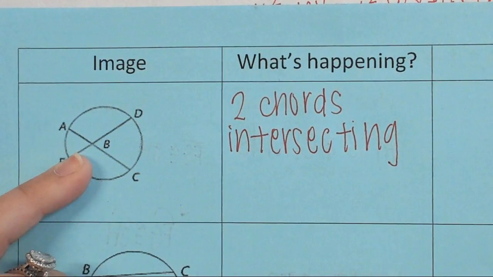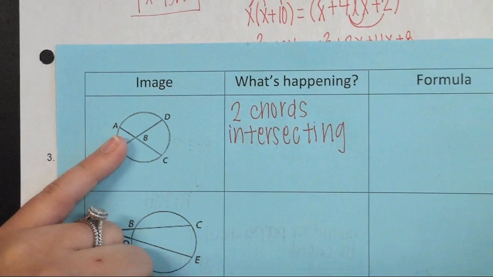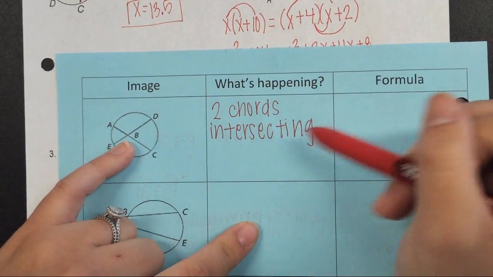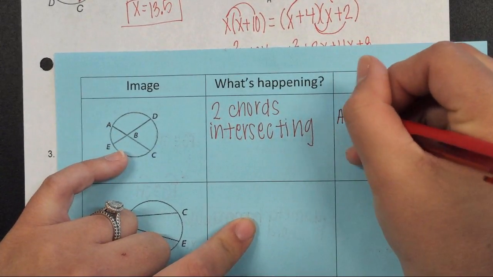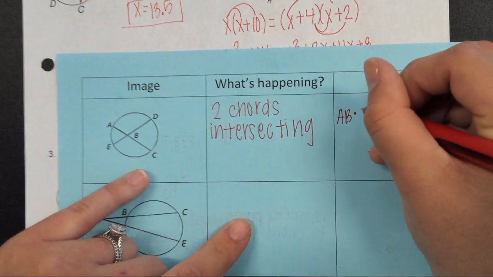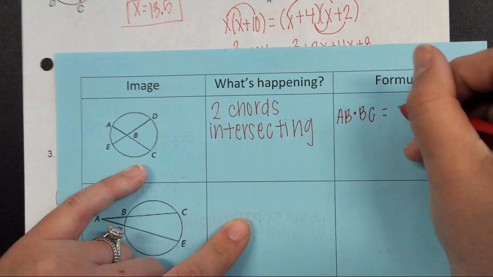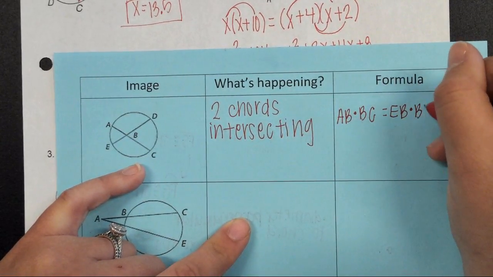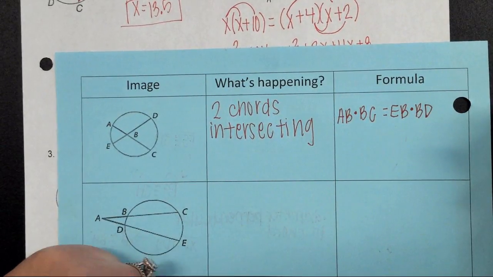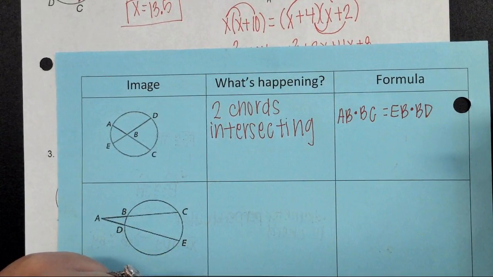Tell me what letters, what segments, like tell me what the letters are that I can multiply together. So like what's the first segment you want to start with? Okay, so AB times what? Equals. Good. Yeah, write that down.